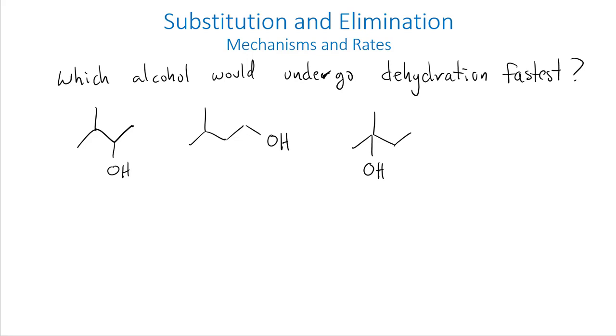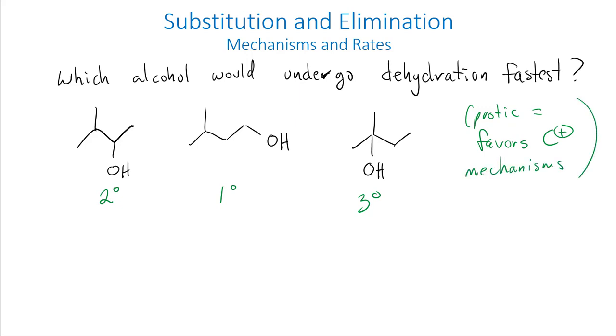Now note the difference in the starting materials is really primarily in the degree of substitution. We have a secondary alcohol, a primary alcohol, and a tertiary alcohol. These are under protic conditions, which favors carbocation mechanisms, just like SN1.